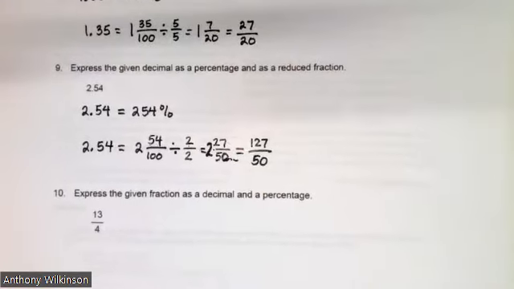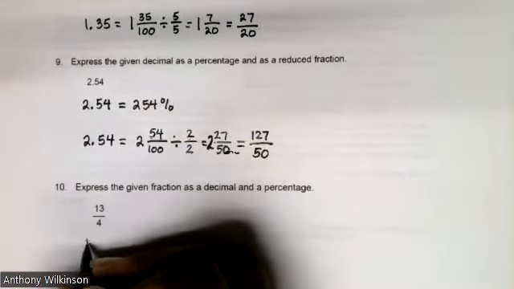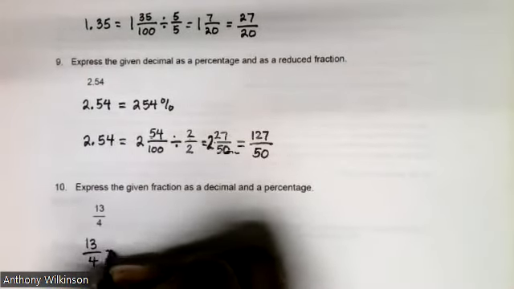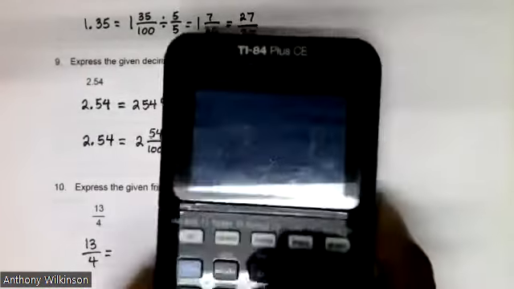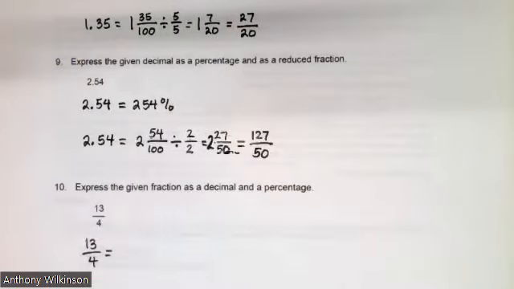All right, number 10. We got 13/4. We want to express this fraction as a decimal and as a percentage. Let's see, 13/4 would just be 13 divided by 4. That would give us the decimal. That would be 3.25.